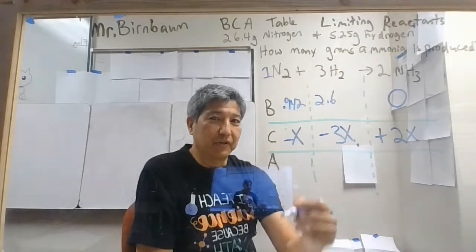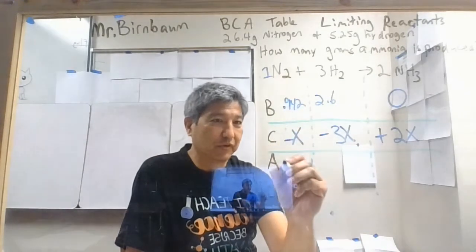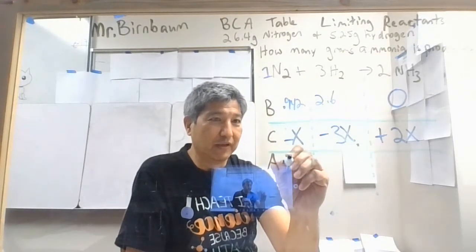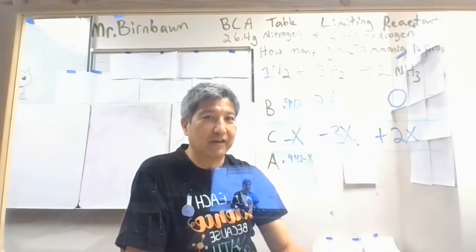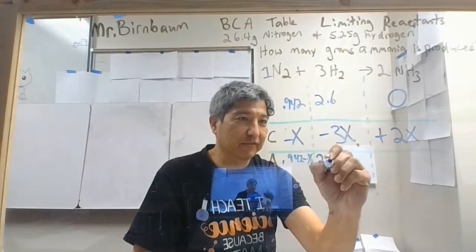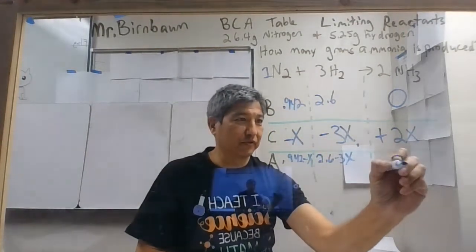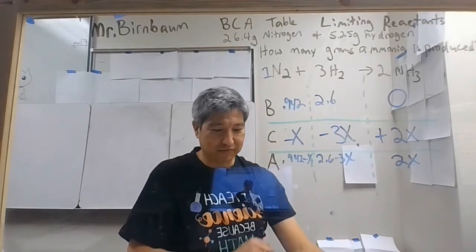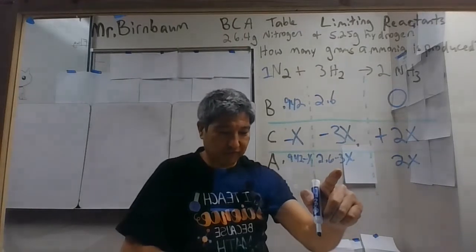So we can figure this out algebraically. We can take what we started with, 0.942 minus x, and then for up here, we can do the same. 2.6 minus 3x. And then this one will just be 2x. So we can start off by solving for x here.